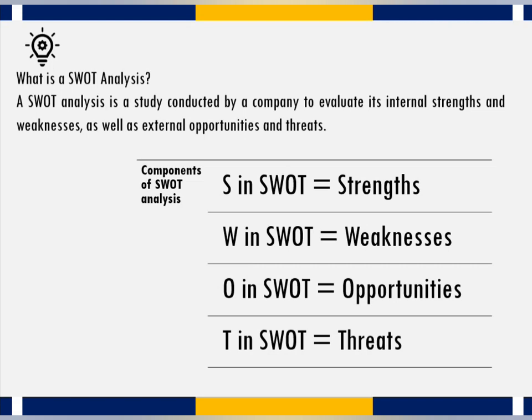So to summarize, SWOT's initial two letters, strengths and weaknesses, relate to internal characteristics within a company. It is related to the resources and industry experience a company may already have. SWOT's final two letters, opportunities and threats, relate to external factors that may have an impact on the company.